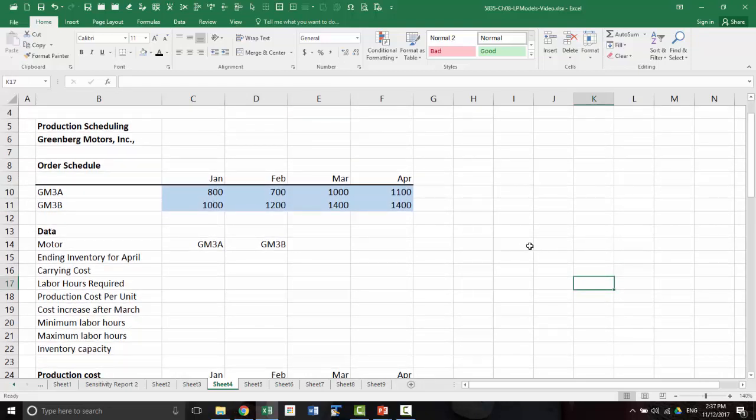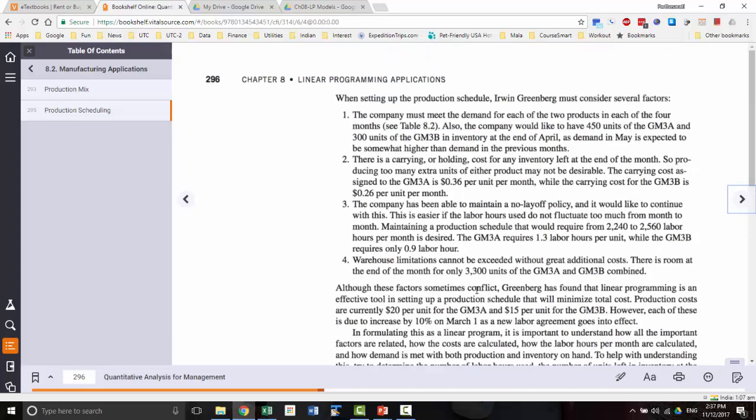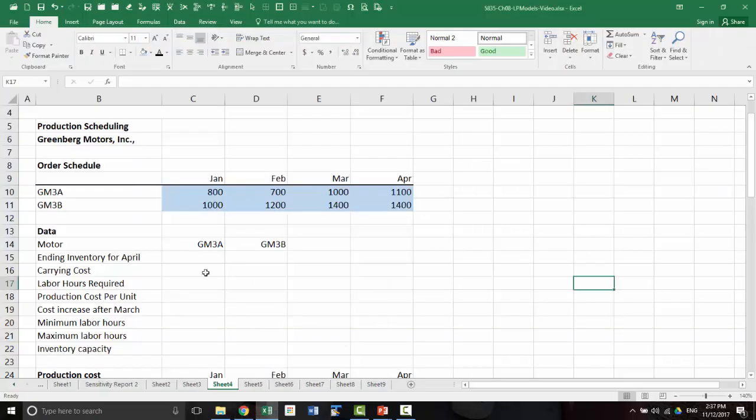Now ending inventory for April. The company would like to have 450 units of A and 300 units of B in inventory at the end of April. That is for the ongoing demands for May and June and so on. So we have to make sure that the ending inventories are that. So we need these ending inventories for April.